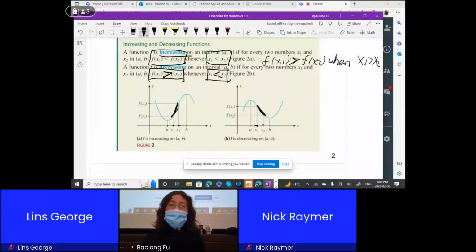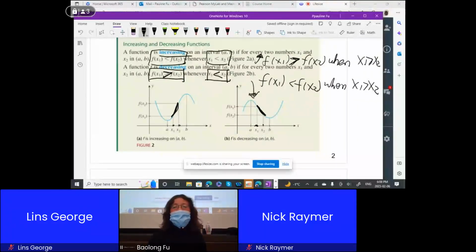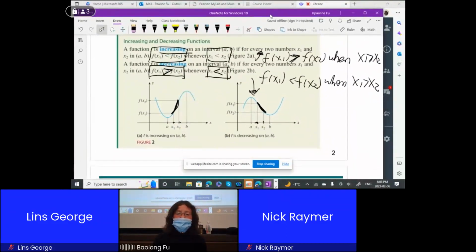You say greater, greater, they are increasing. And for decreasing, I can also say when f(x1) is smaller than f(x2) when x1 is greater than x2, this is decreasing. This situation is increasing. So that is decreasing and increasing.